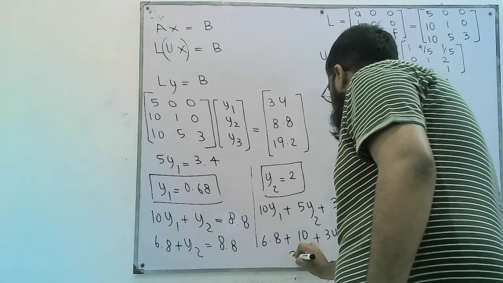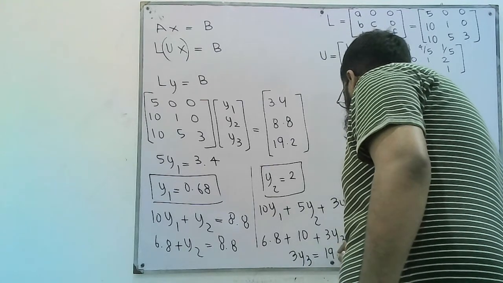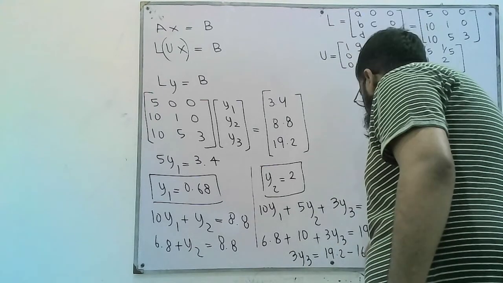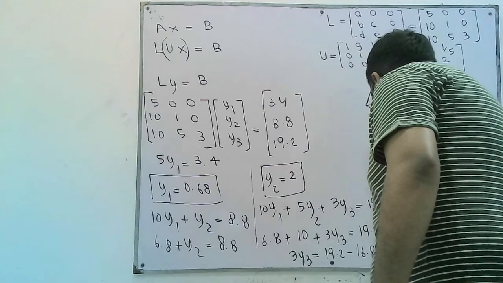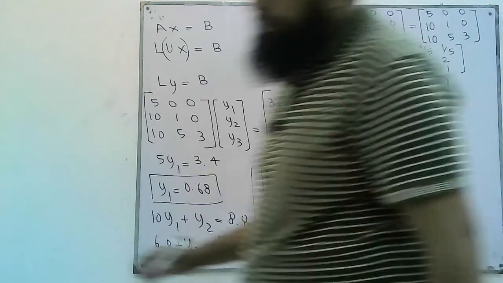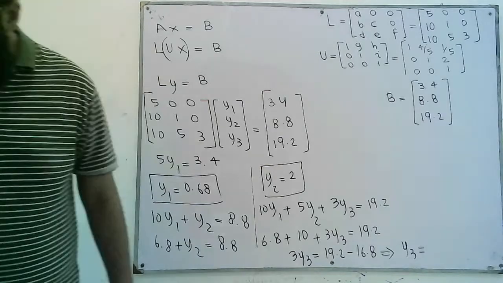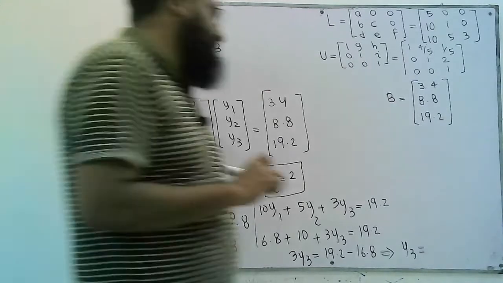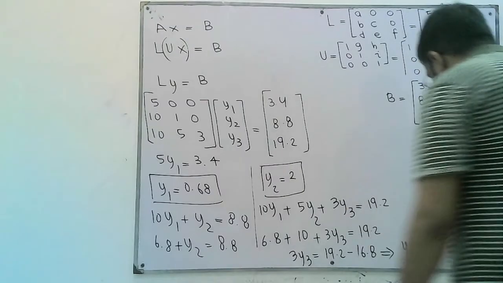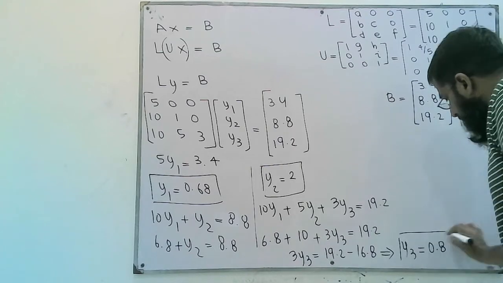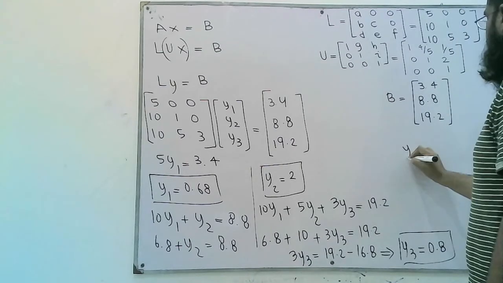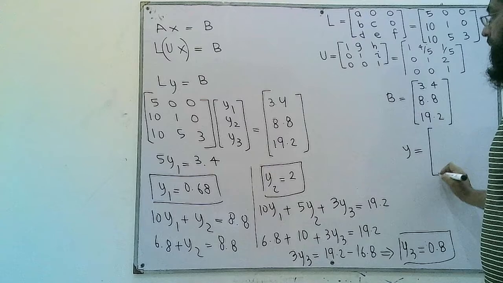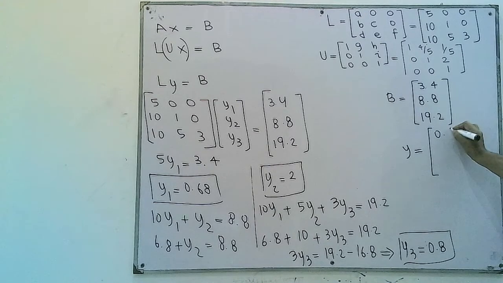So 3Y3 is 19.2 minus 16.8. This gives us Y3 is equal to 0.8. So now we have Y: Y1 is 0.68, Y2 is 2, Y3 is 0.8.